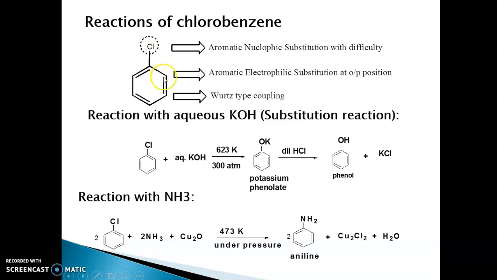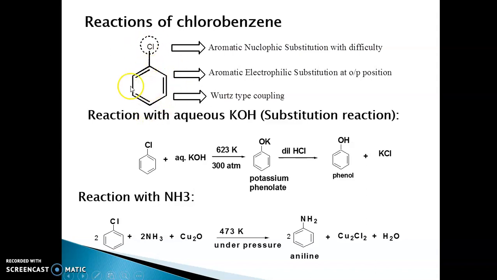There are 2 ortho positions, and the exactly opposite position is known as the para position. So this Cl is ortho and para directing. Second substituent group gets attached to the ortho and para position as there is a presence of this Cl atom, which is ortho and para directing. So chlorobenzene shows the aromatic electrophilic substitution reaction at ortho and para position.